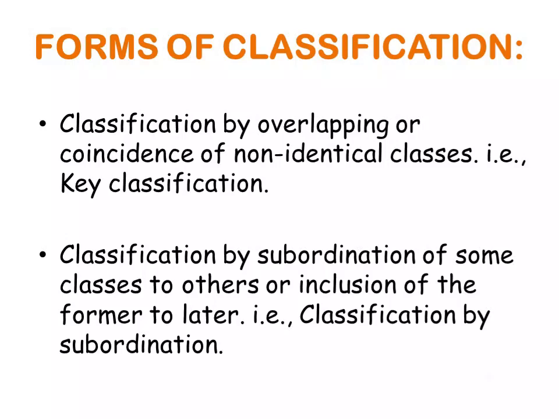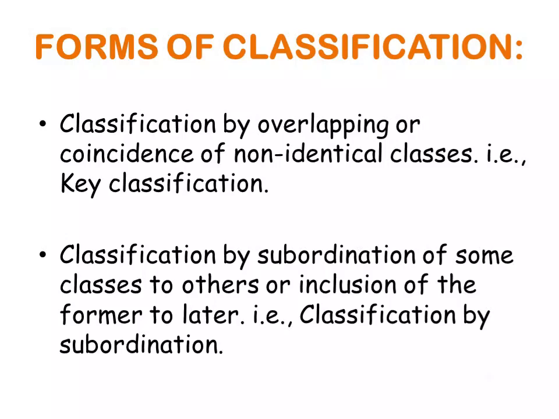There is a group of animals known as mammals. There can be a class of horned mammals, a class of two-toed mammals, and a class of horned two-toed mammals. The characters horned and two-toed are overlapped. This type of overlapping classification is known as key classification.